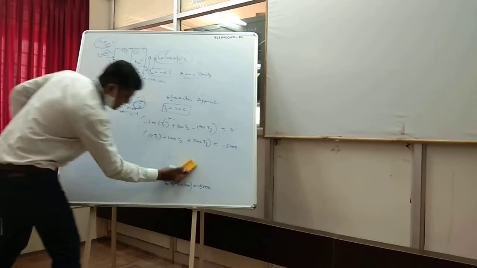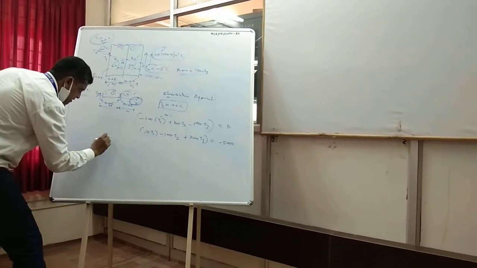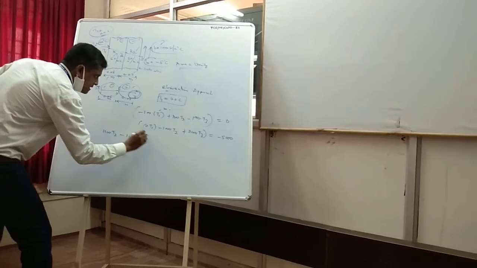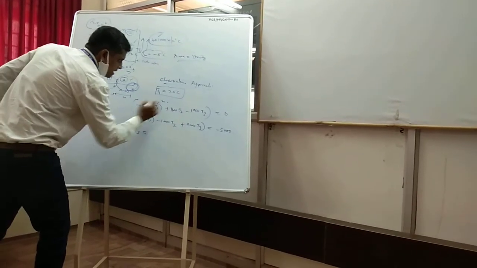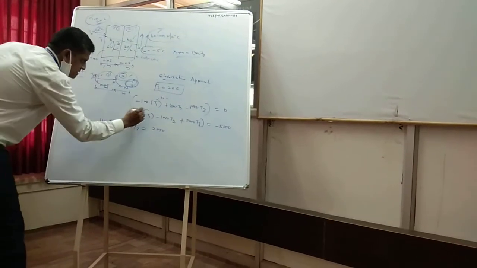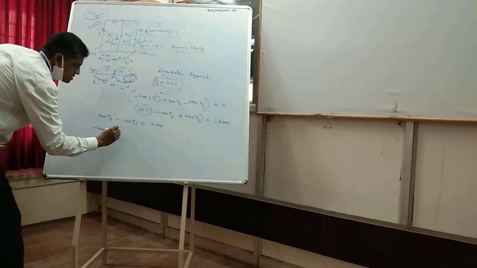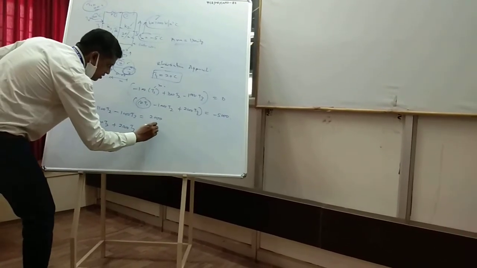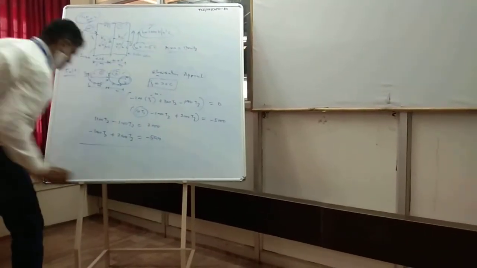Here, 1100 T2 minus 1000 T3 is equal to 100 into 20, that is 2000 on the right-hand side. And minus 1000 T2 plus 2000 T3 is equal to minus 5000. We solve these two.